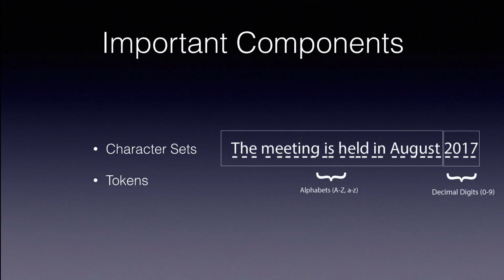To frame this sentence, we need these letters: T, H, E, M, E, E, T, I, N, G, and so on. In English, there are 26 alphabets available for us to use. And 2017 is the number which is made up of numerical digits 0 to 9. So character set is basically the letters we are allowed to use while we write a program.